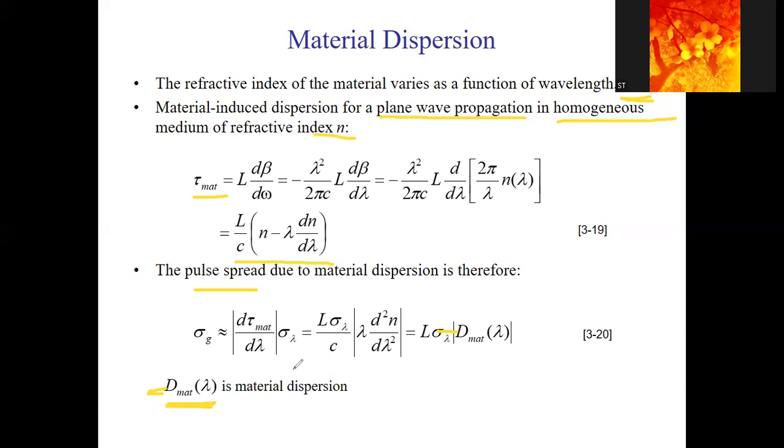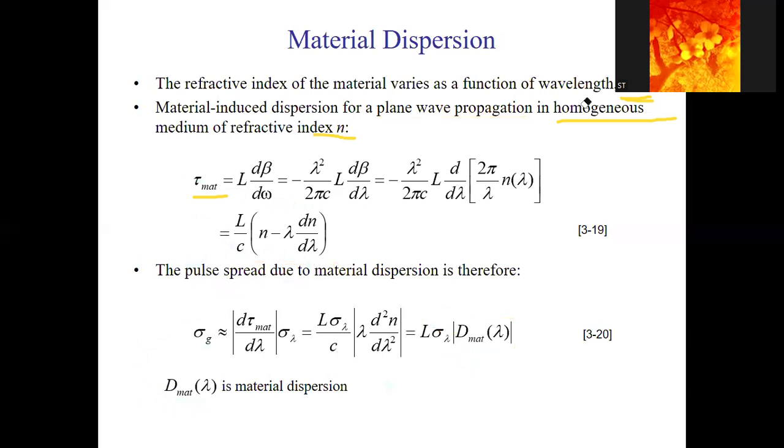Group velocity is given by this formula; in the last lecture we discussed this. On solving this, we get this formula, and in it D_mat gives the material dispersion, which is dependent on the wavelength. So this is all about material dispersion.